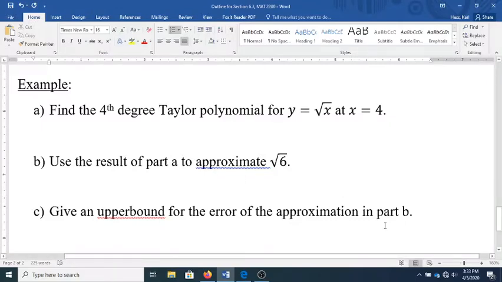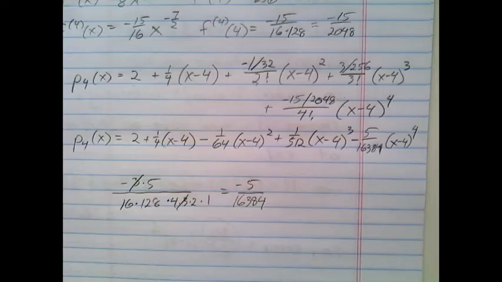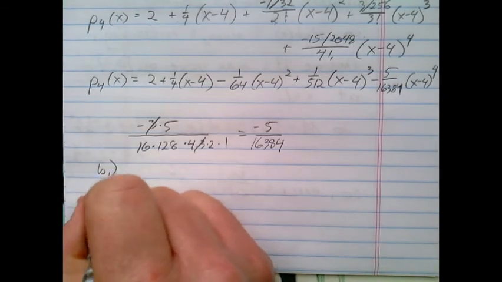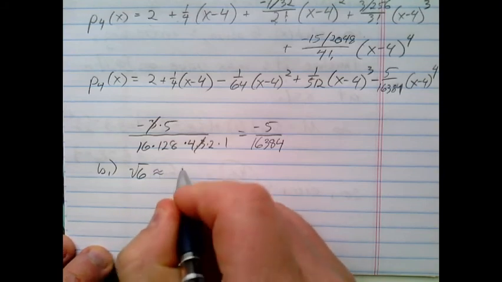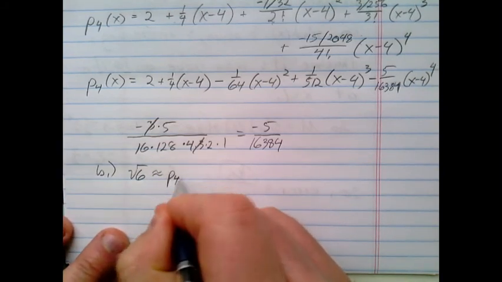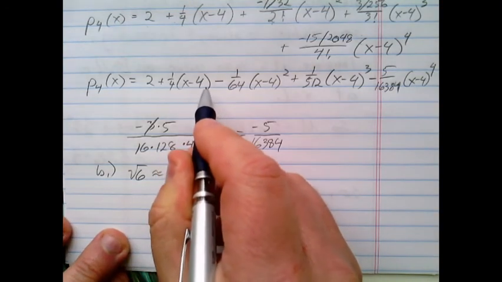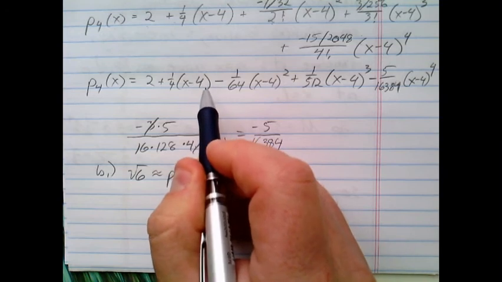All right, so part B, the square root of 6 should be approximately P4 of 6. So now I got to plug 6 in here. Every time I plug 6 in, I'm going to get a 2.